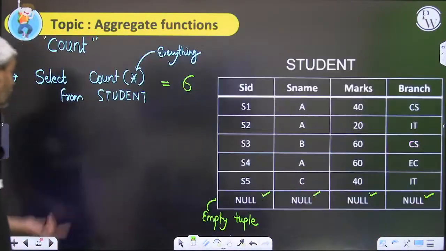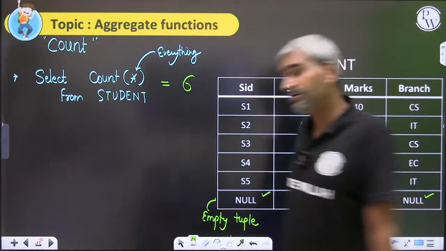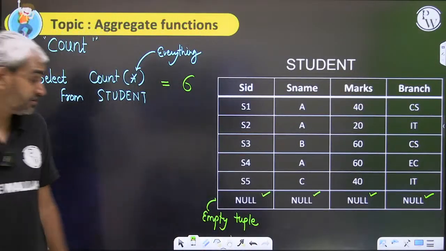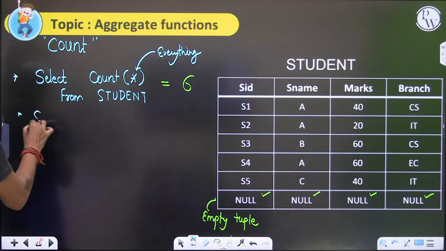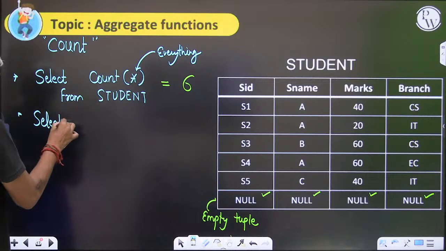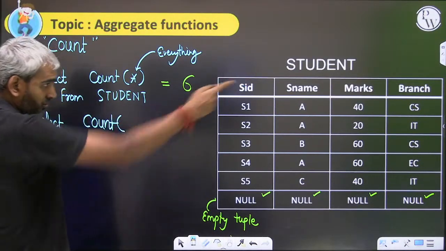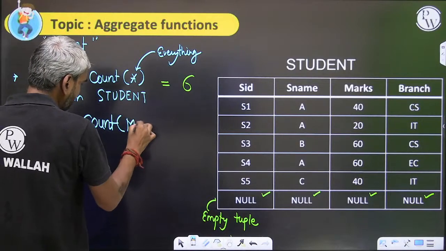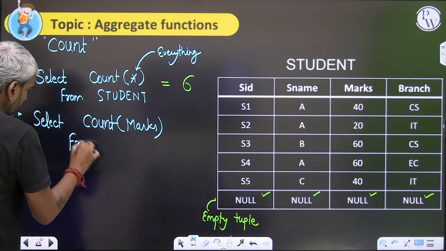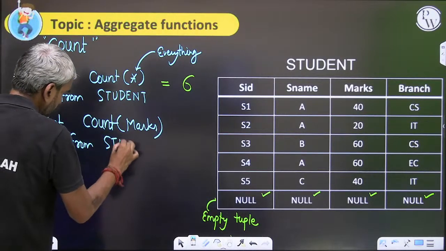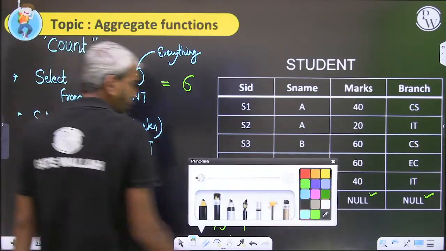So count asterisk will not eliminate the null or empty tuples from the relation. But if you simply say select and specify the attribute, say count marks from student, then what will be the output of the first query?